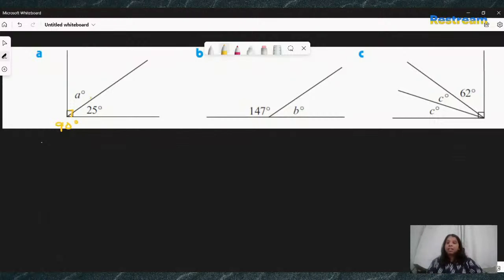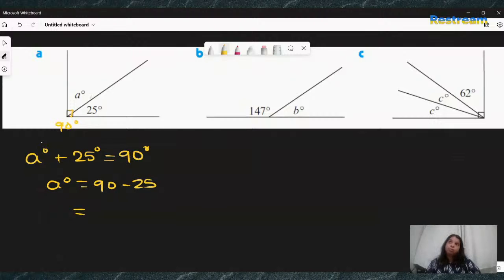So now here it says that in question A, angle A plus 25 degrees is equal to 90 degrees. So angle A is going to be 90 minus 25, which is equal to 65 degrees. So A is 65 degrees. This is our answer for question A.